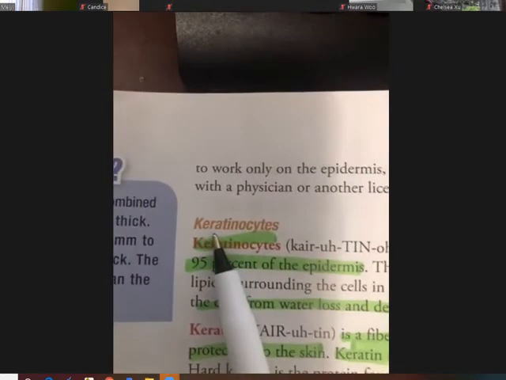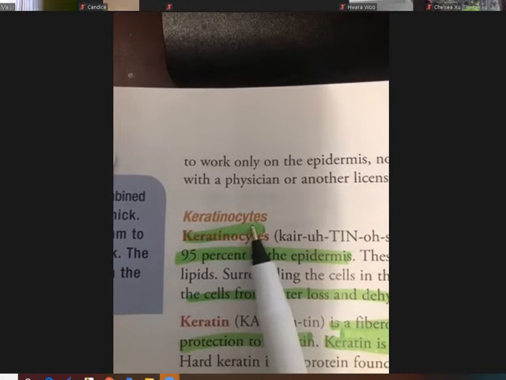Now, keratinocytes. Keratinocytes are made up of keratin, which is a protein.